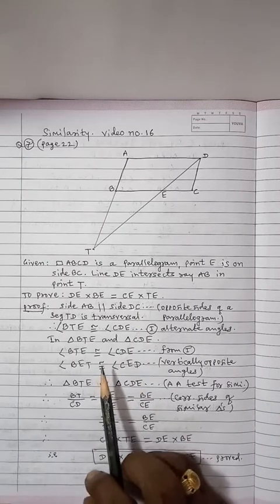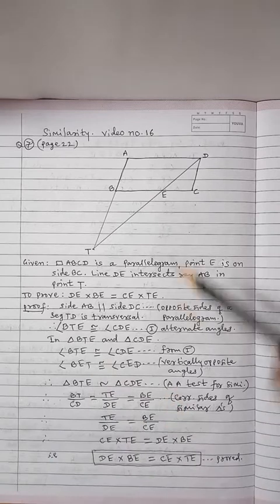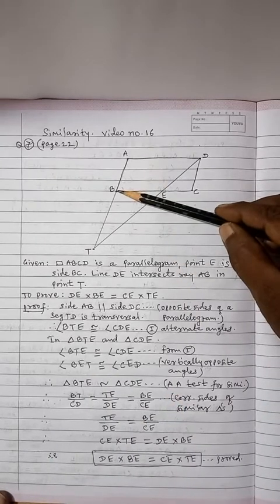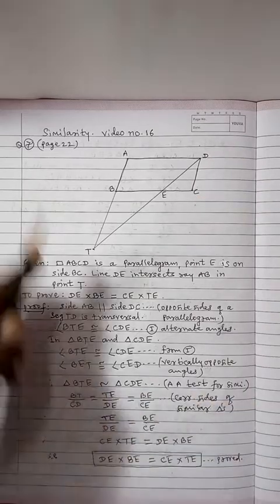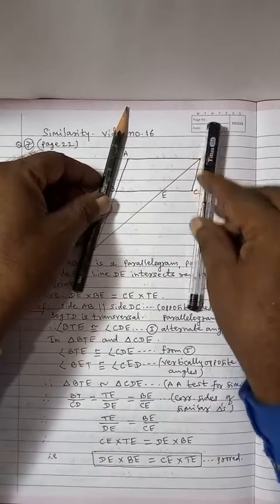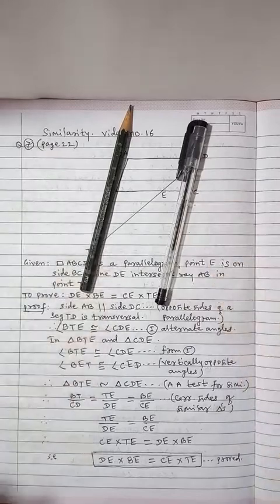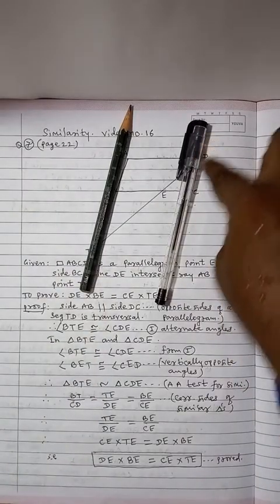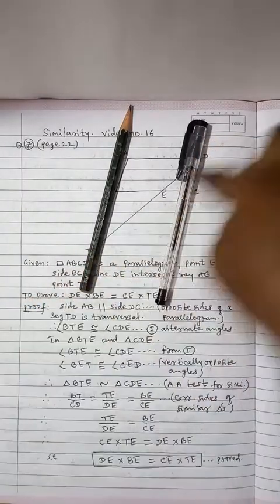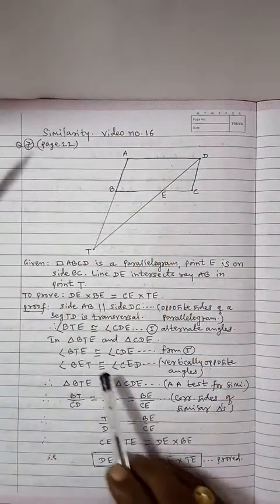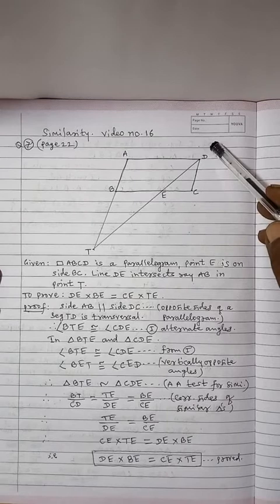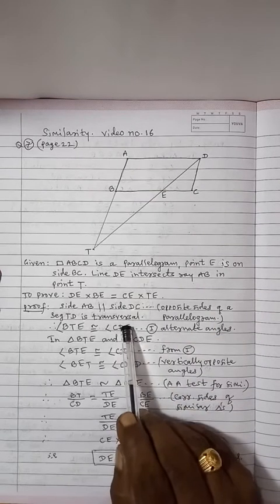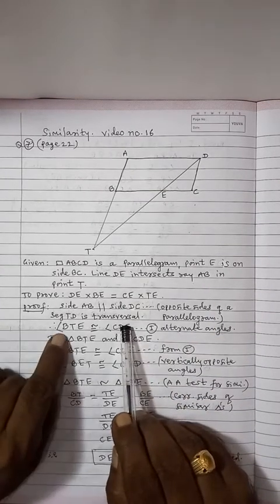Now see here, side AB is parallel to side DC. It means AB and DC are parallel. Then this line, segment TD, is the transversal. So what we get?